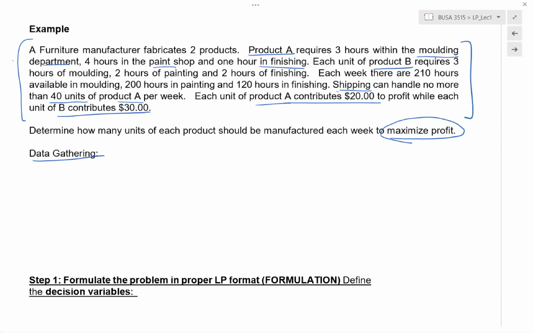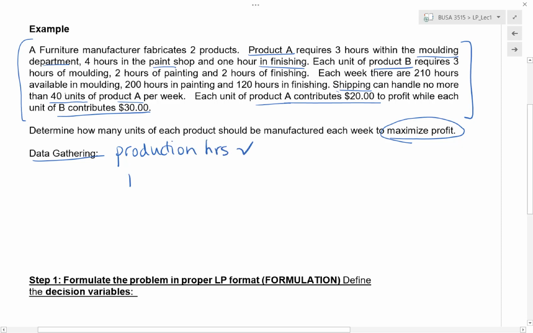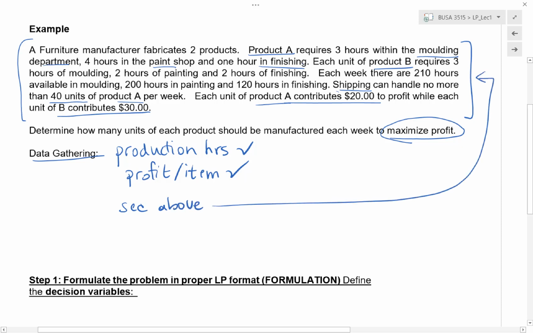But yeah, we know the production hours. We know our profit per item that's contributed, etc. So we have all our information for this problem nicely laid out for us without having to talk to anybody or record any information. So we're just going to work with what we have here.